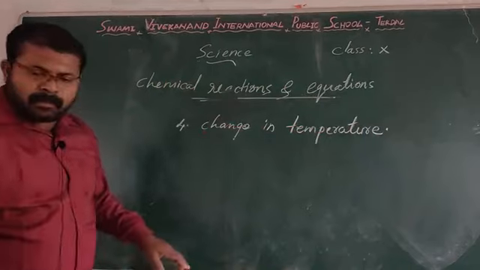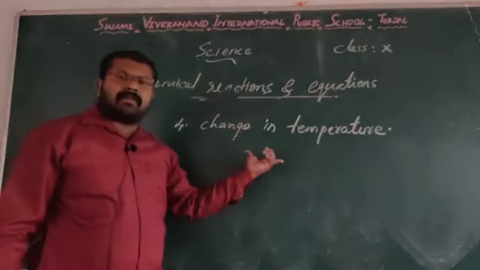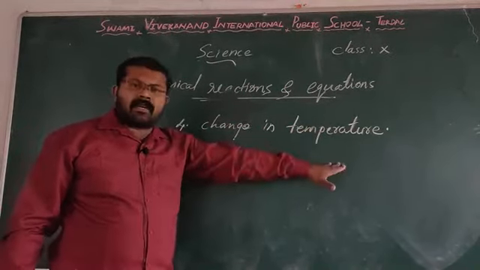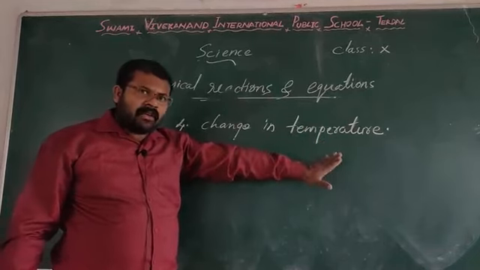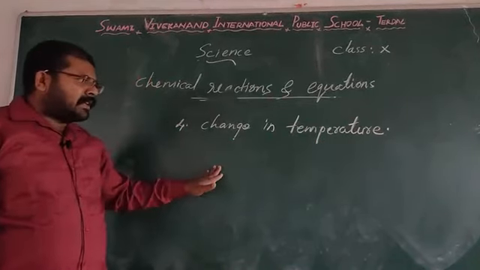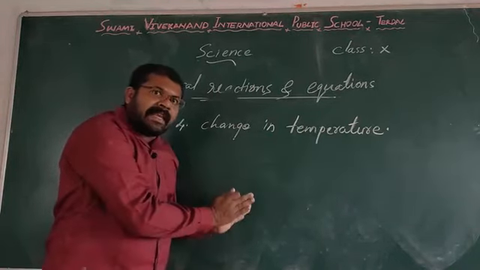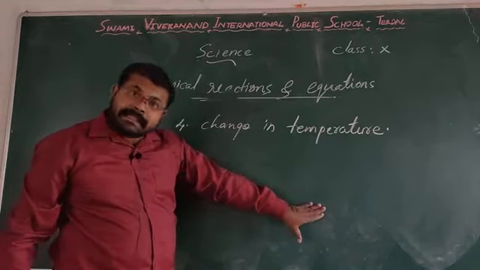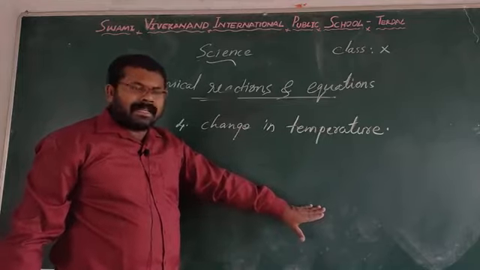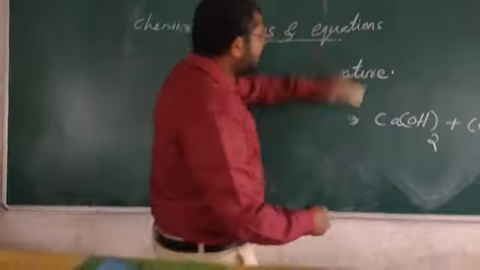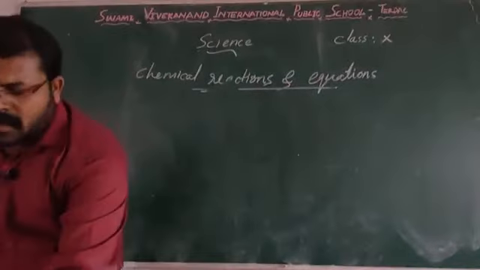Just previously I mentioned the reaction of zinc granules with hydrochloric acid or sulfuric acid. During that reaction, if you touch the conical flask, you can experience that heat is generated.